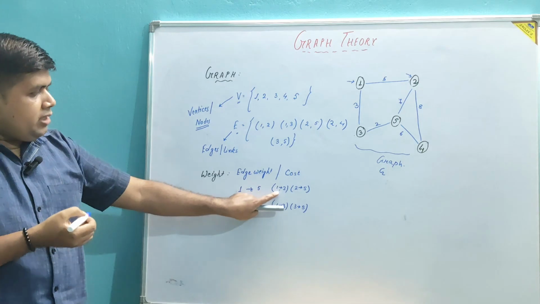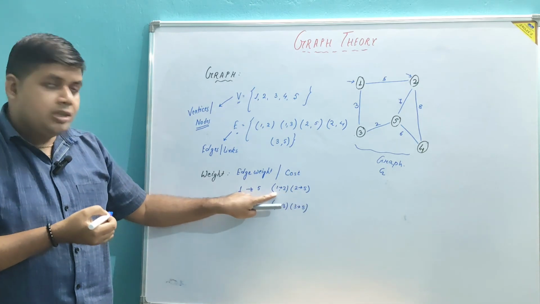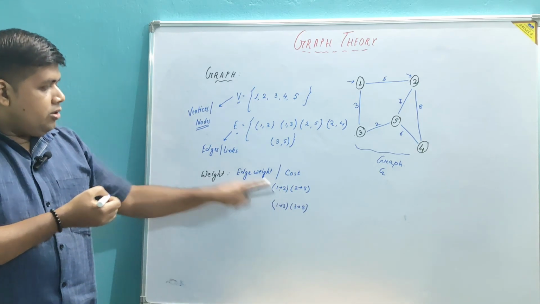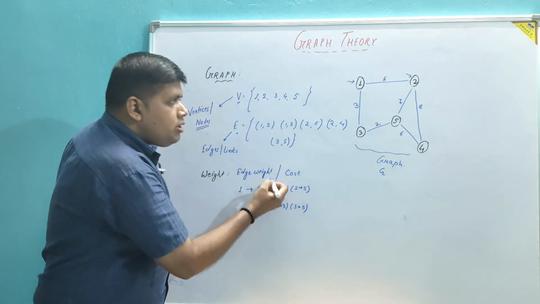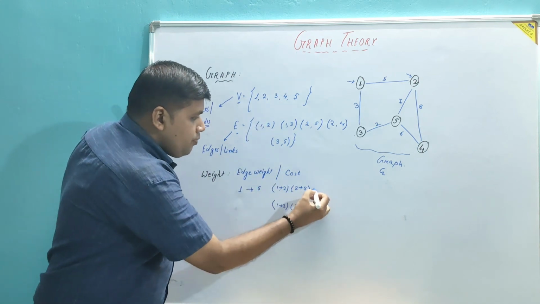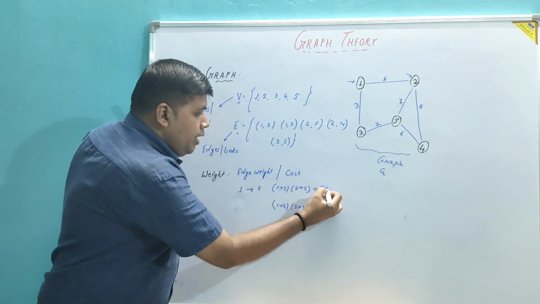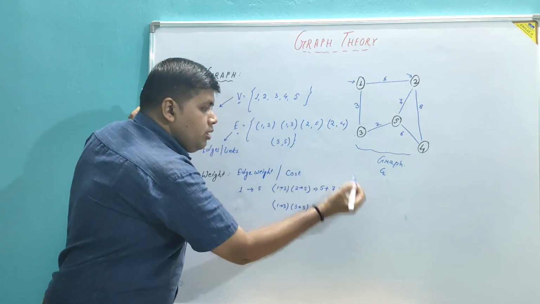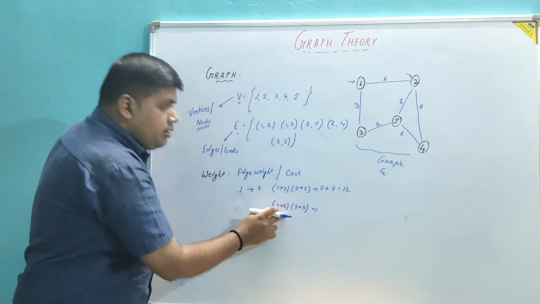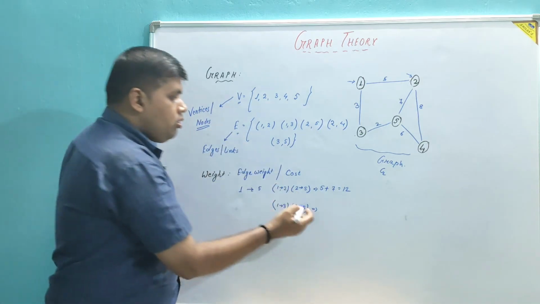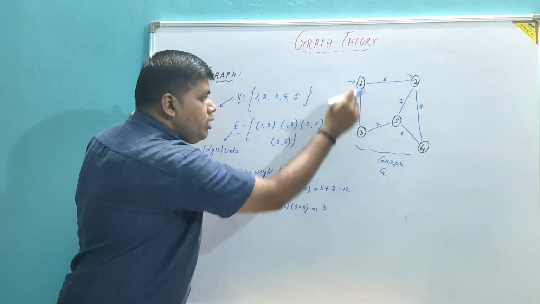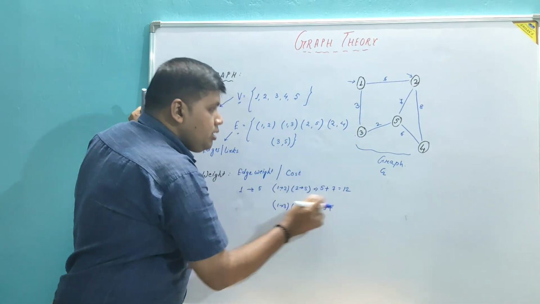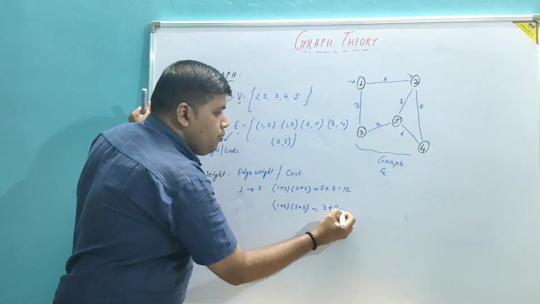So what is the total cost associated with this? From 1 to 2 it will cost him 5 rupees, and from 2 to 5 it will cost him 7 rupees. That means it will be 12 rupees. However, from 1 to 3 it will cost him 3 rupees, plus 3 to 5 it is 2.